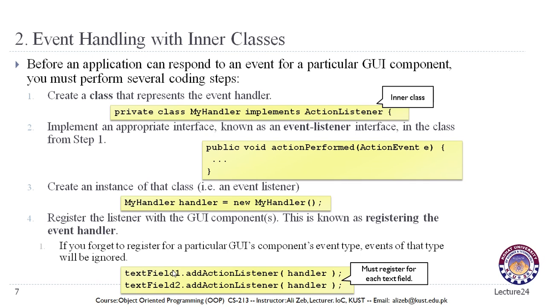And we must register for each text field that is there on our form. If we have buttons or any other components that we want to associate with a certain event, then we will have to register the event handler for that event to that component.